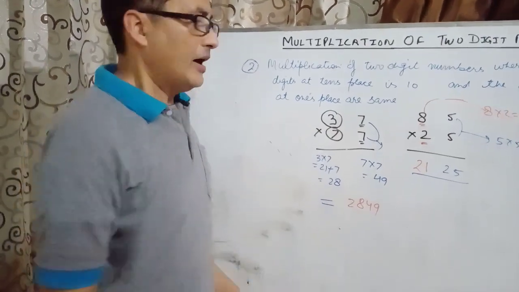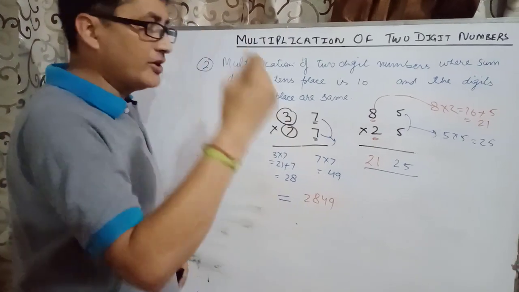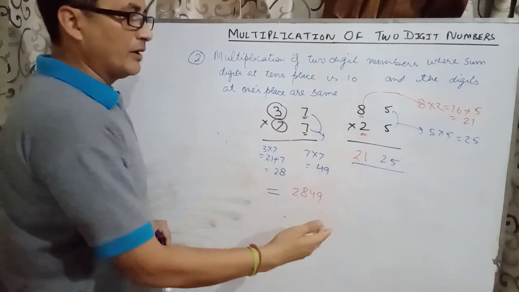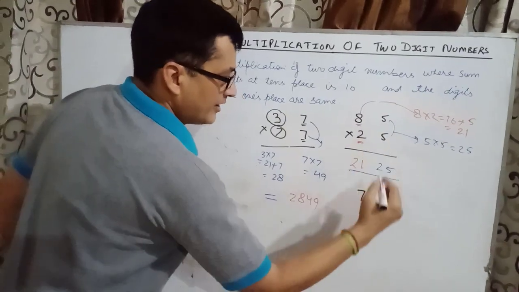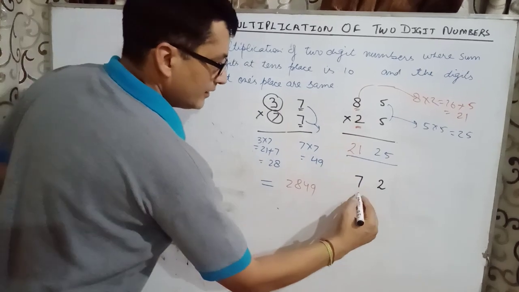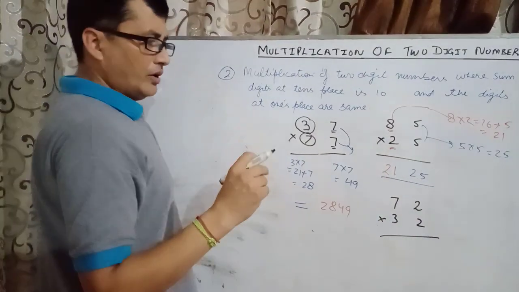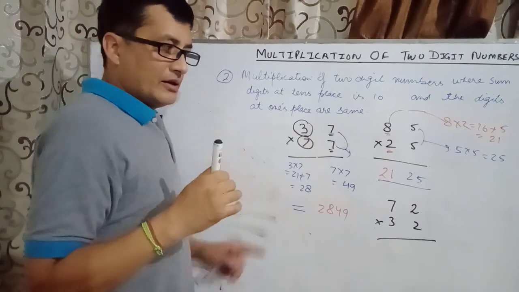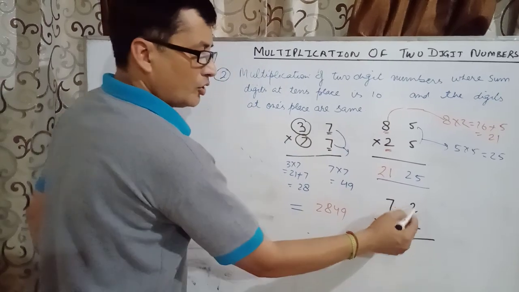Remember, you can multiply without calculation, without using your pen and pencil also. I'll show you how. I'll give you one more. If it is 72 and 32, two numbers, multiply in your mind. 7 into 3 is 21, 21 plus 2, 23. 2 into 2, 4.